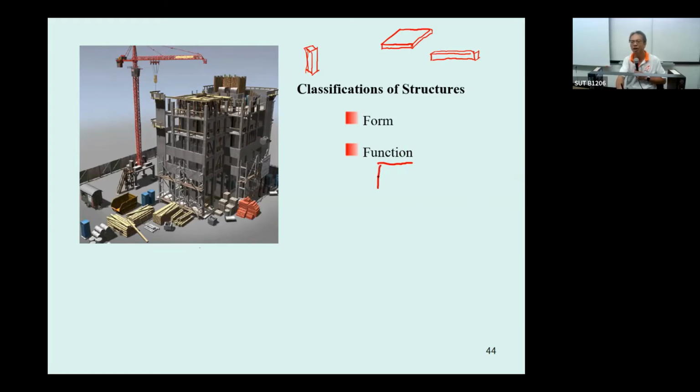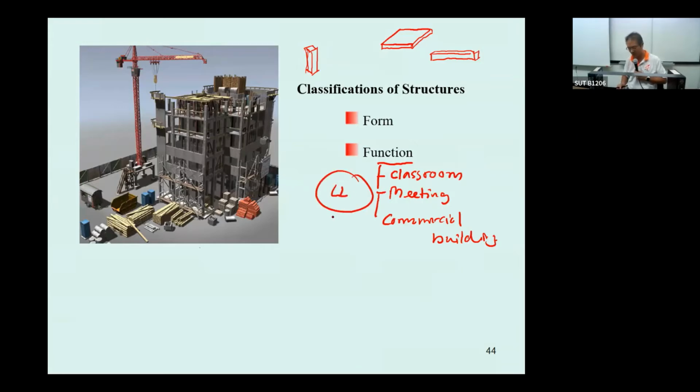The function of the structure may be as a classroom, as a meeting room, or as a commercial building. Those kinds of function are used to specify the live load from the code.